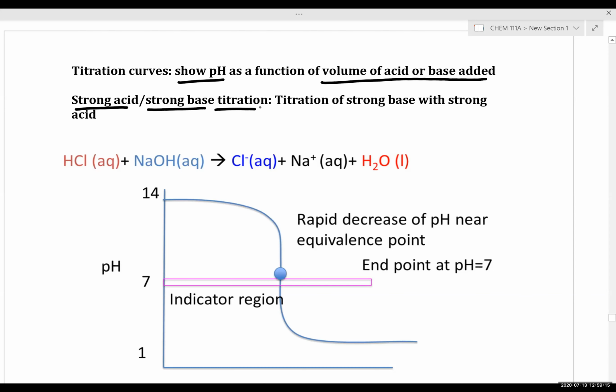Okay, so we're titrating a strong acid or base with another strong acid or base. So a classic example of this is hydrochloric acid and sodium hydroxide. Both of these, we have a strong acid in terms of hydrochloric acid and a strong base in terms of sodium hydroxide.